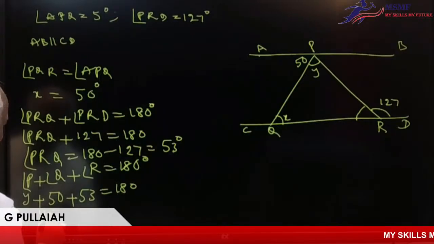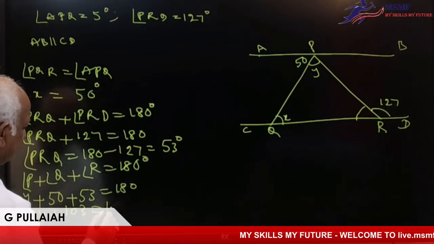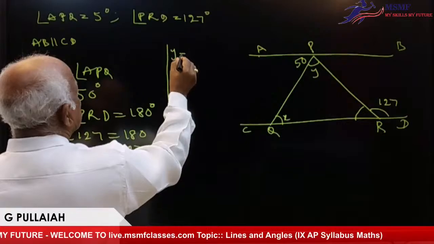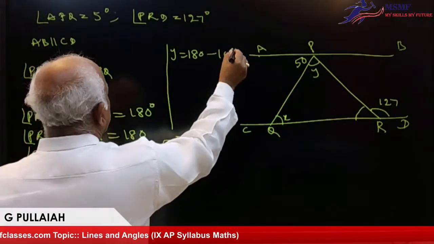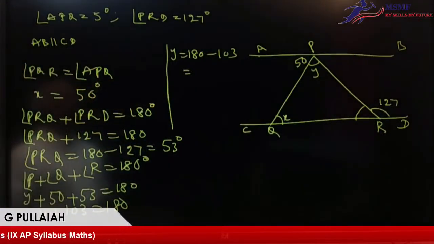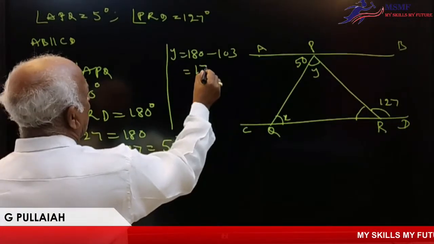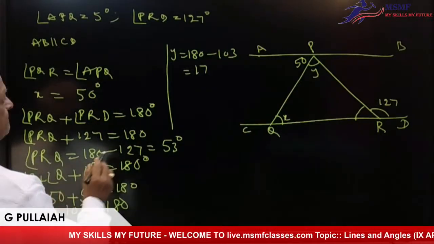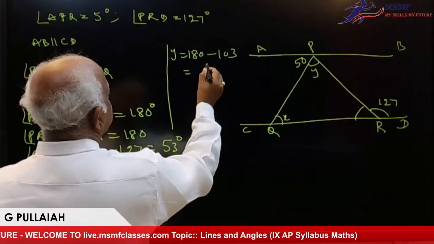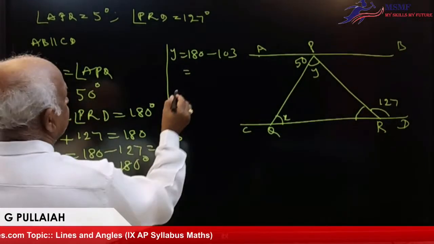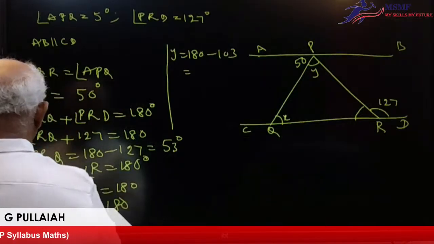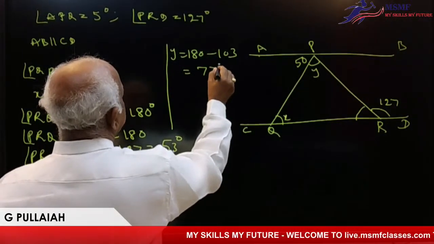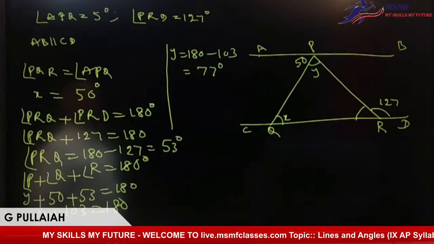So here y plus 103 is 180. So now y is equal to 180 minus 103, that is equal to 77. y is equal to 77 degrees.